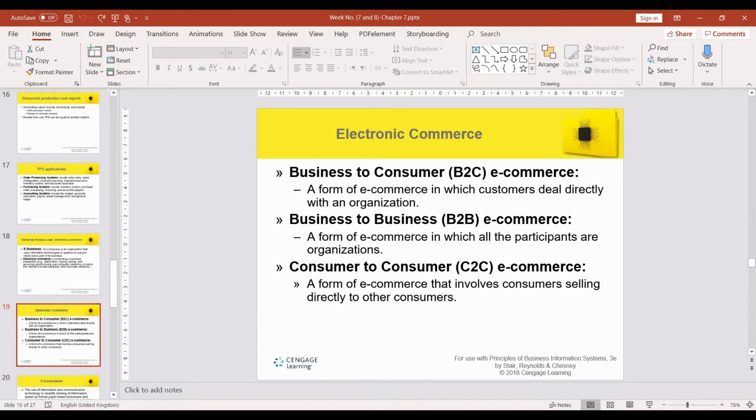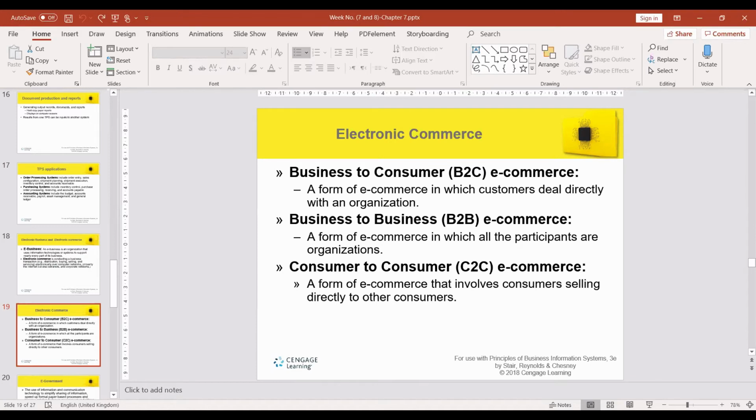Okay, so B2B, business to business. Like a university with Microsoft. It's academic, and I mean, give some example from a business point of view. You're right, this is right, it is academics and business.